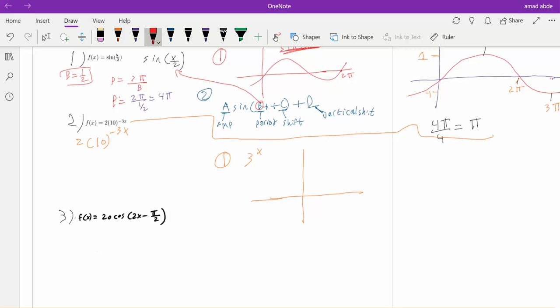It would go from -infinity to infinity, and it would always pass through the point 0, 1.